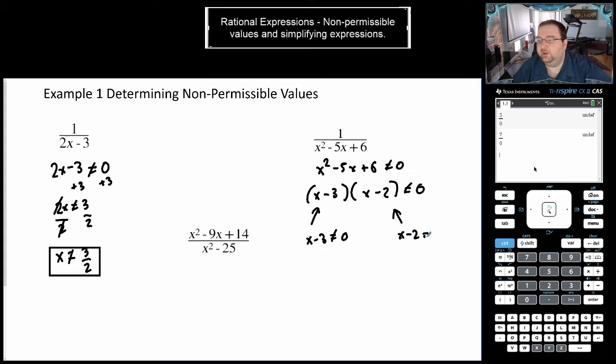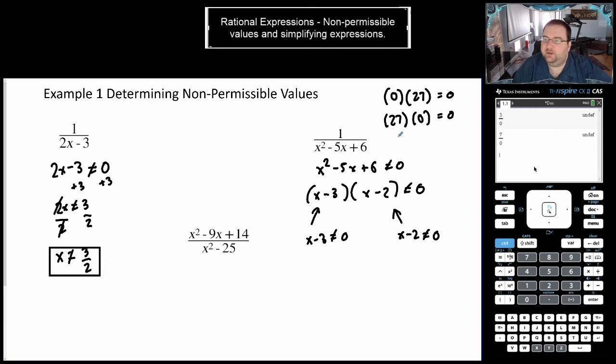X minus 2 cannot equal 0. Because if either of these parentheses is equal to 0, the whole thing becomes equal to 0, right? It doesn't matter whether we have 0 times 27 or 27 times 0. Either way, if one of these parentheses is 0, the whole thing's going to be equal to 0.